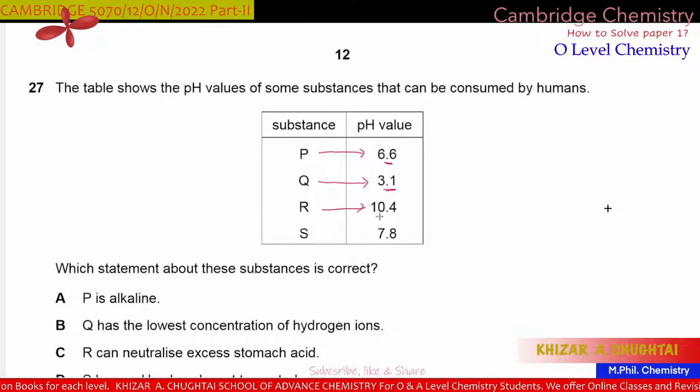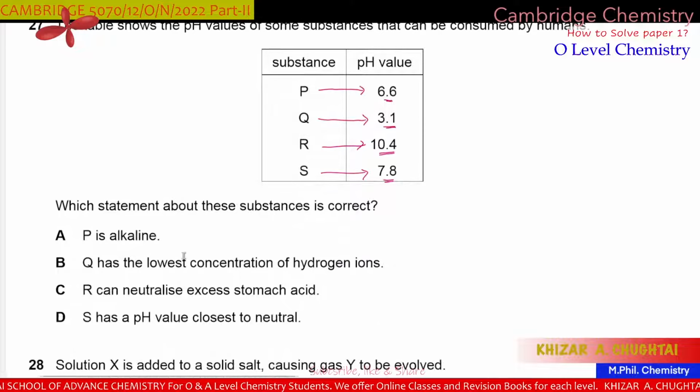Substance R, pH is equal to 10.4. Substance S, pH is equal to 7.8. Which statement about these substances is correct? Option A, P is alkaline. No, P is not alkaline because its pH is less than 7. So it is not alkaline.